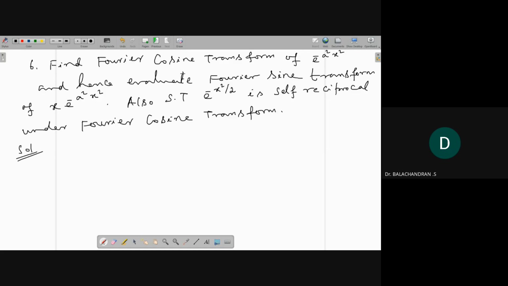So start from the Fourier cosine transform of e power minus a square x square.